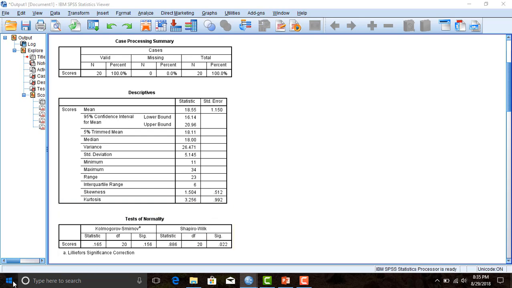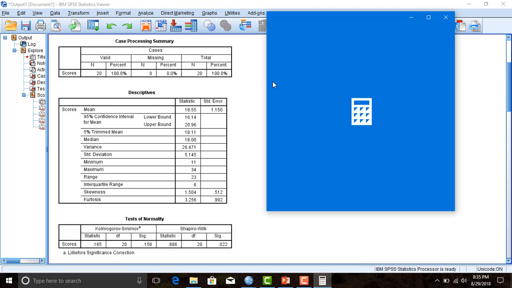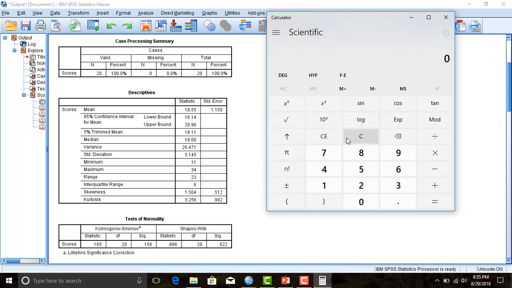We'll open a calculator real quick, and type in 1.504 divided by 0.512, and we actually get a z-skew value of 2.94.